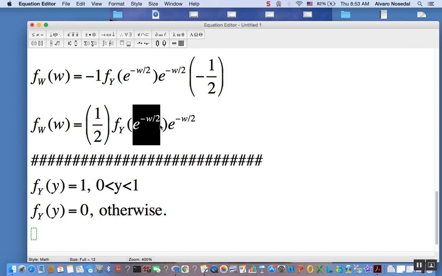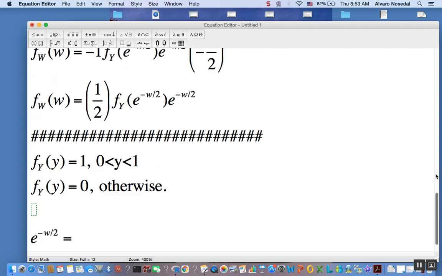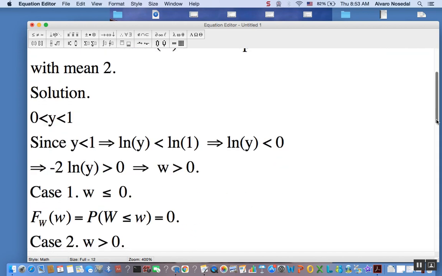Now, something more. Let's say something about e to the negative w. Do you guys remember what w represents in terms of the original random variable y? The transformation is minus 2 times natural log of y. Okay?